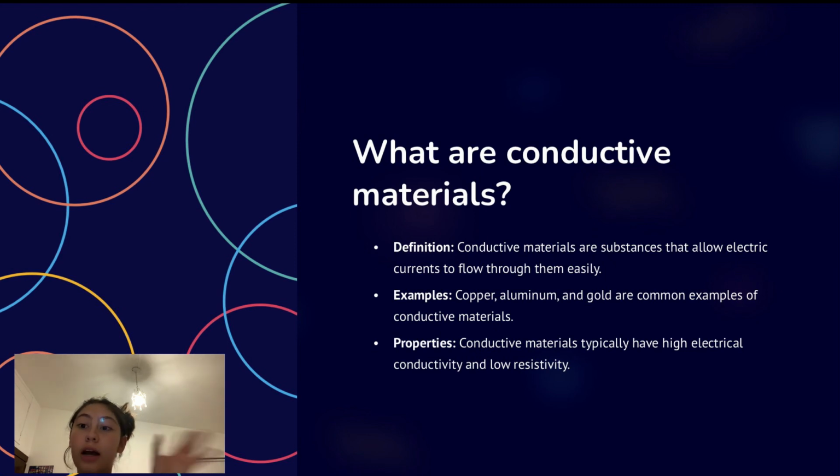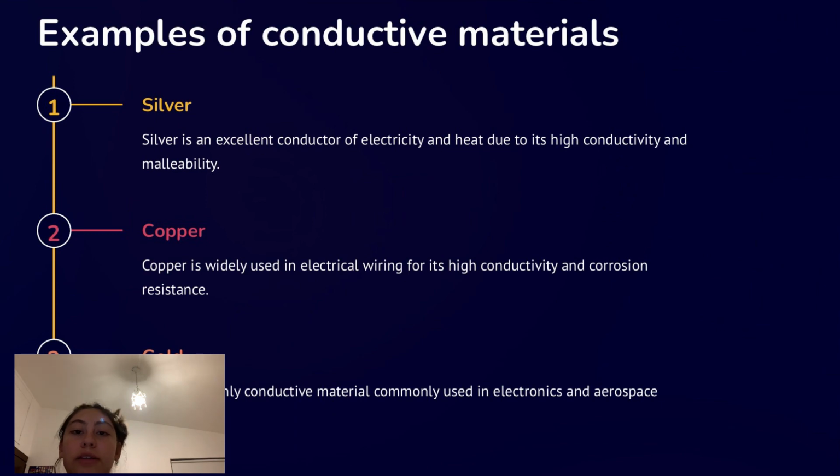Also, it has a lower price, so it's very common in houses and so on. And gold is a highly conductive material that is most commonly used in electronics and aerospace applications. And the properties of a conductive material are typically that they have a high electrical conductivity and very low resistivity.